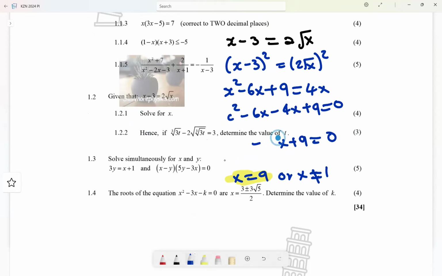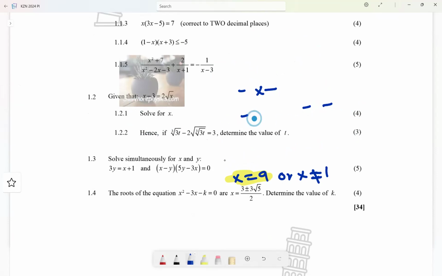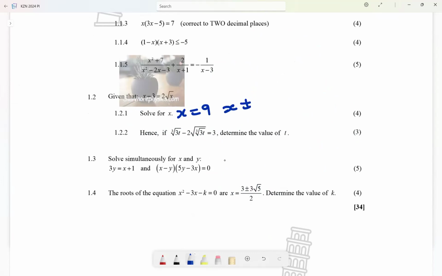Remember, you got that x is equal to 9, and x is not equal to 1, so it's not important.